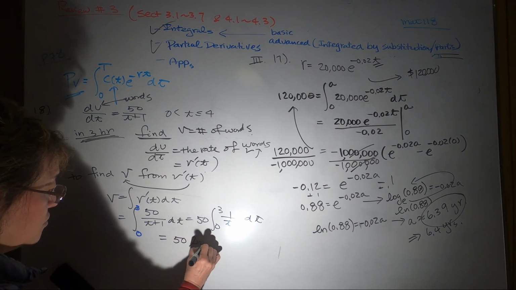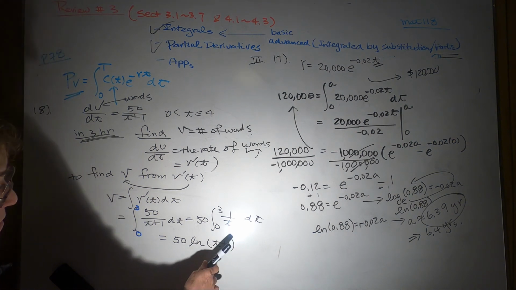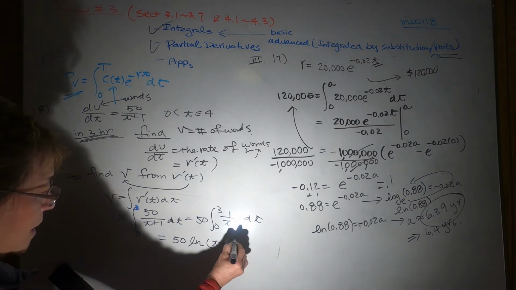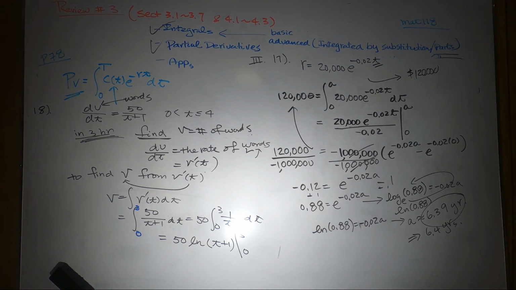So that would be natural log what? T plus 1, right? Derivative of t plus 1 is just 1, so just t. We don't have to do chain rule. So we are going to do 0 to 3 for the definite integral, right?